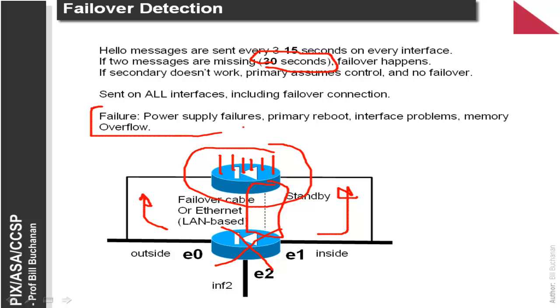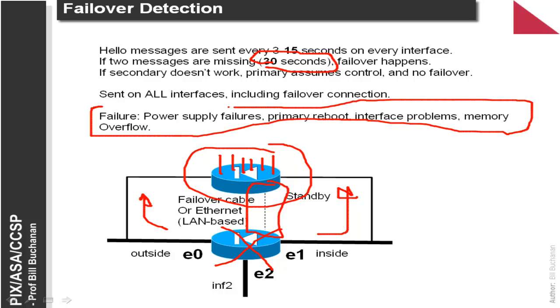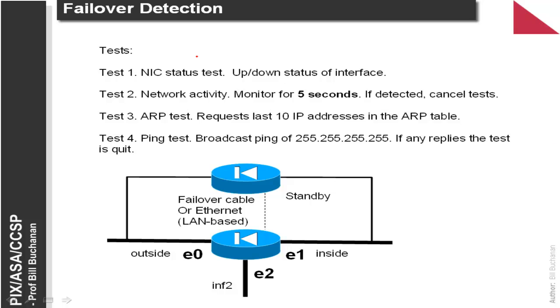So basically we can have power supply failures, we could have a primary reboot, interface problems, memory overflow, and so on can cause problems to our PIX. Basically the test that it does is a network interface test, so it just pings each of the ports to see if they're still alive, and then it will go into network activity and monitor for about 5 seconds.